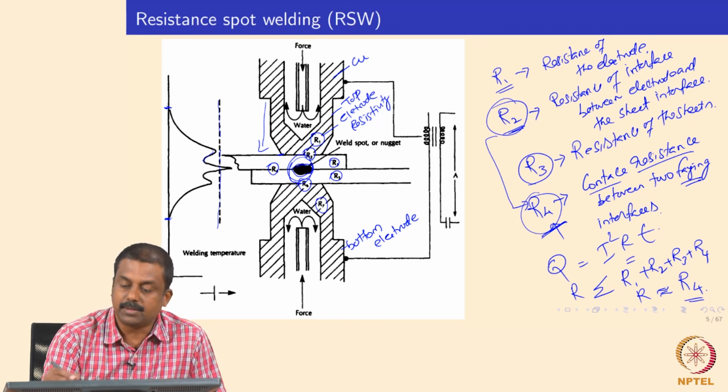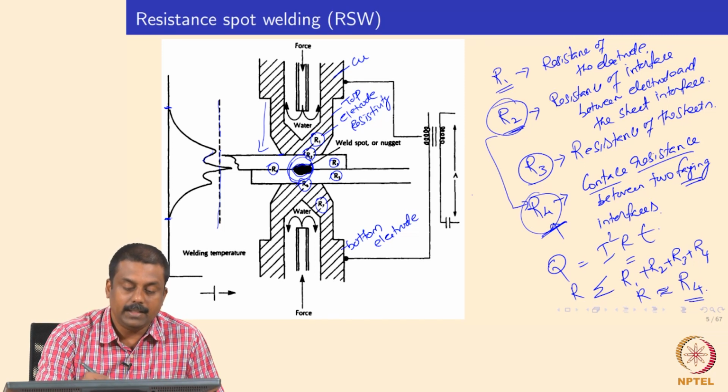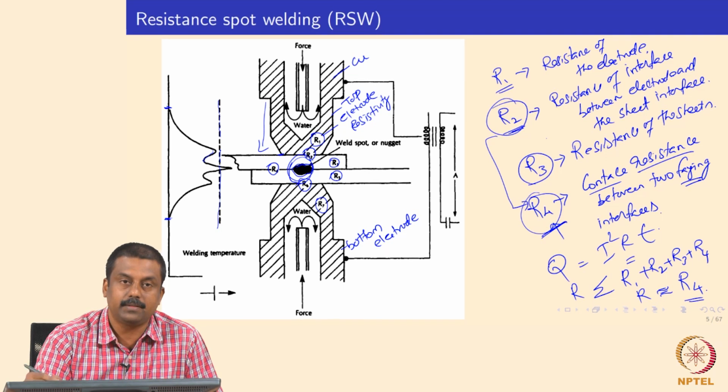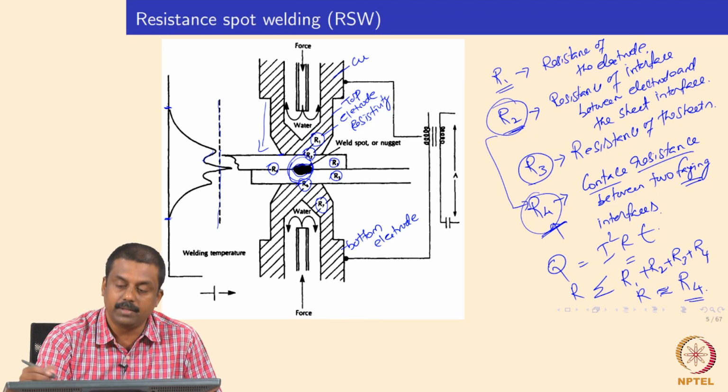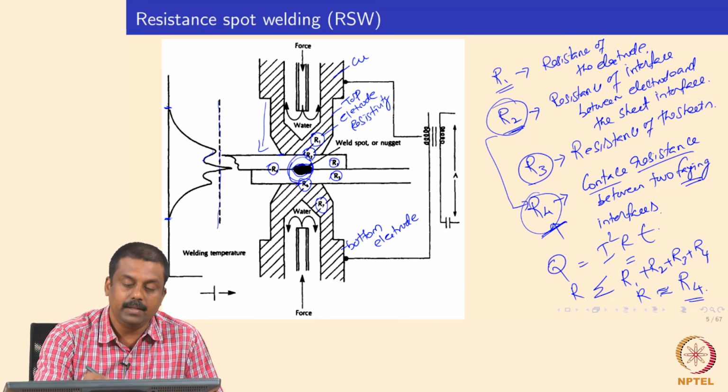To sum up this slide, the actual system resistance is governed by the four resistance values I have given here. R1 is the resistance of the electrode itself, which is negligible because we generally use copper electrodes. R2 is the resistance of the interface between the electrode and the sheet.